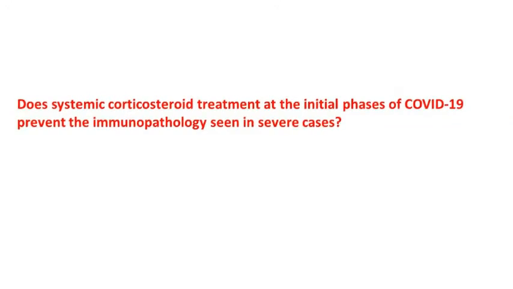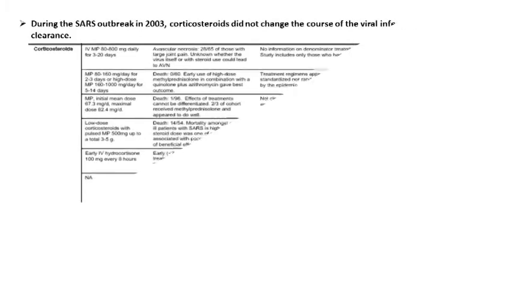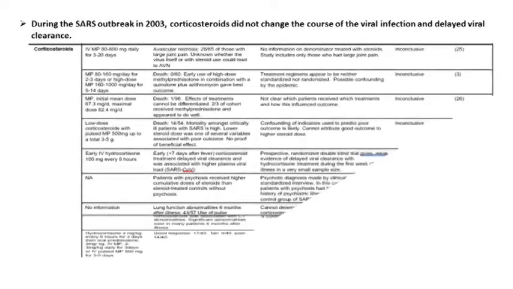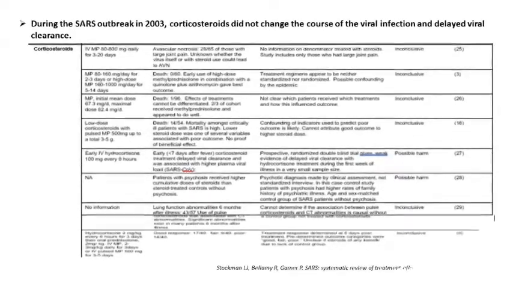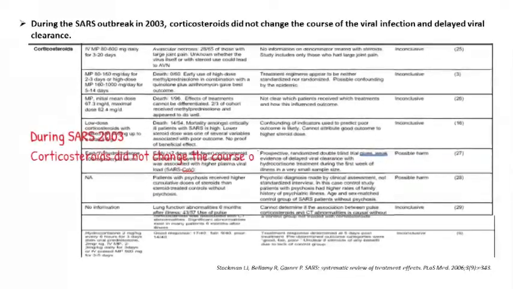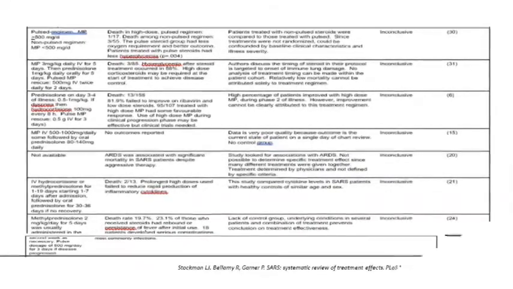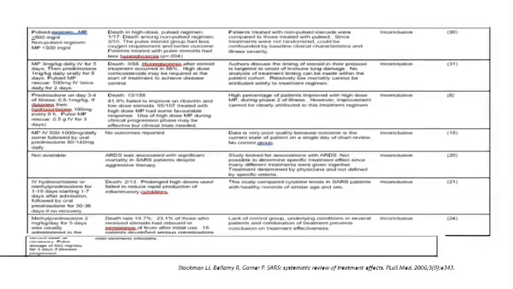Okay, so I want to give some comments on this. First of all, during the SARS outbreak in 2003, corticosteroids didn't change the course of the viral infection and delayed viral clearance, which is a drawback. And as I mentioned at the start, the SARS outbreak in 2003 was the same genus as COVID-19.